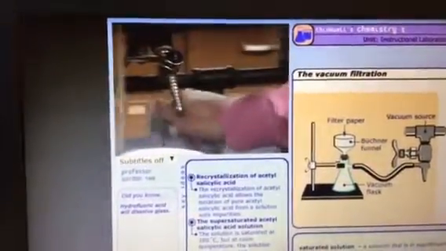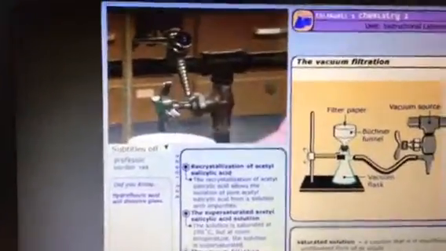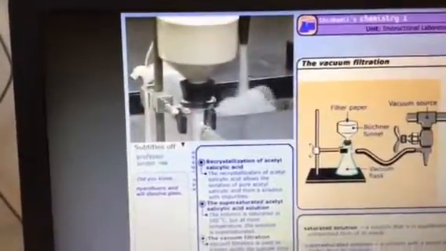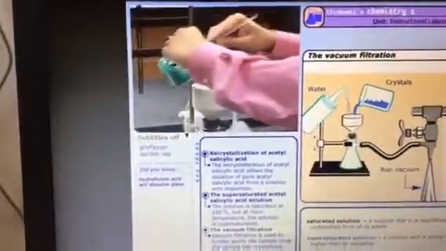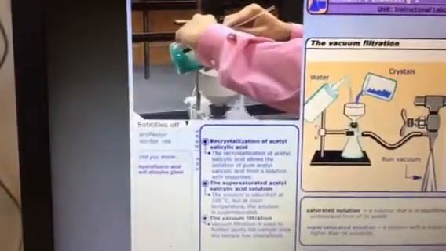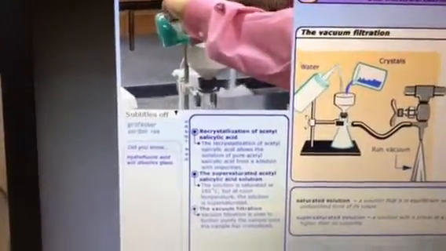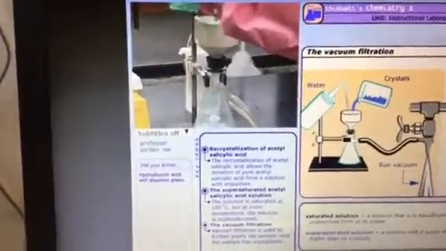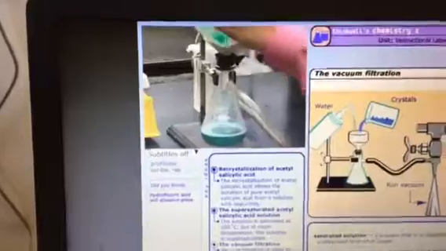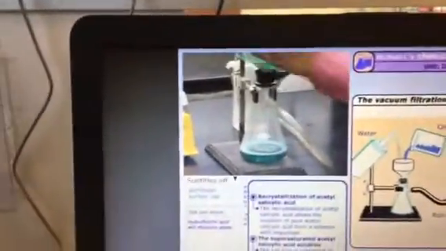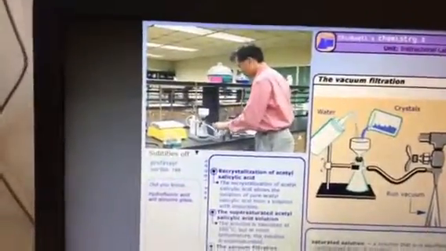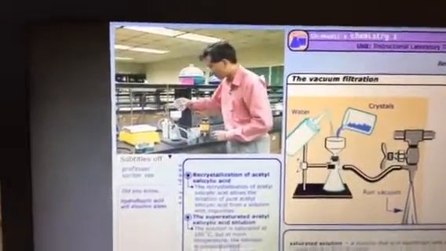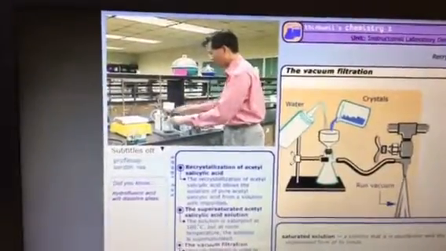So you turn on the vacuum, and then you wet the filter paper, and then you start collecting the crystals. And now I'm going to wash the crystals with a little bit of water. Oh, let me stop it right here and show you what it looks like.